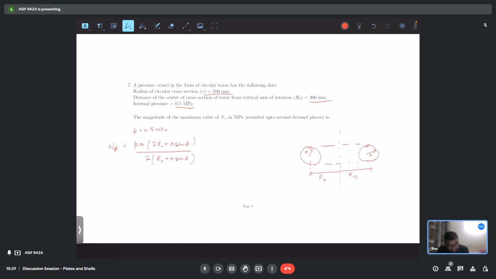Okay, so we need to find the magnitude of maximum value of n phi. So to find maximum n phi, we need to take the derivative of n phi with respect to phi.